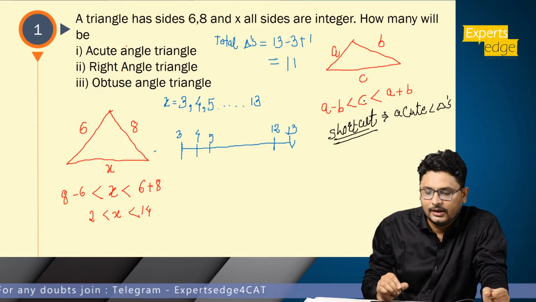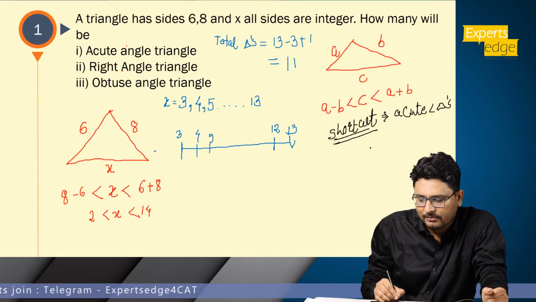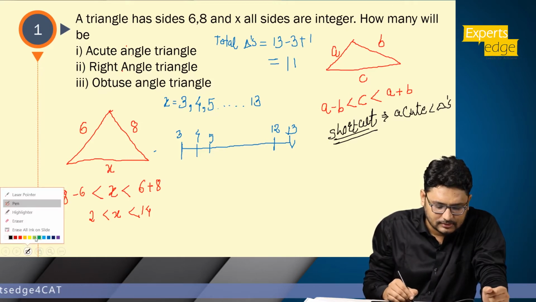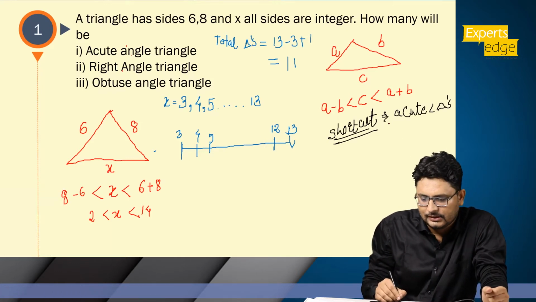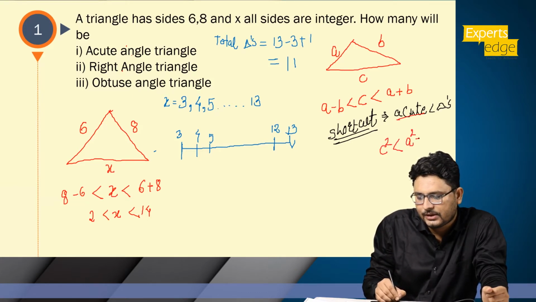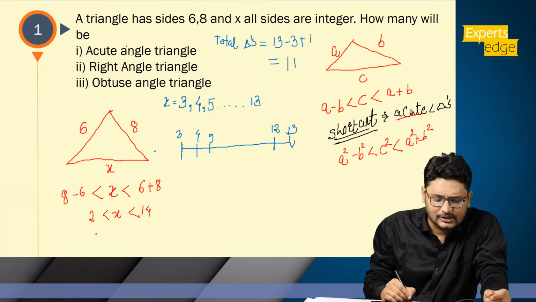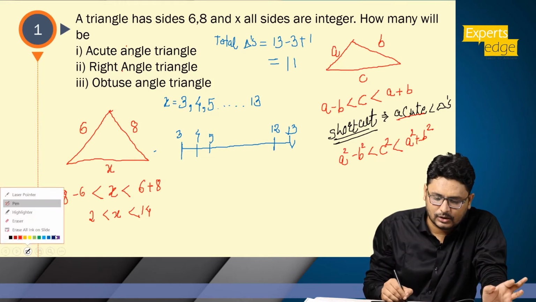Third side C. For acute angle triangle, just remember that C square has to be less than A square plus B square. It has to be greater than A square minus B square, whichever is the bigger. Don't just do that. A should be fixed. So this is the shortcut to get my acute angle triangle faster.